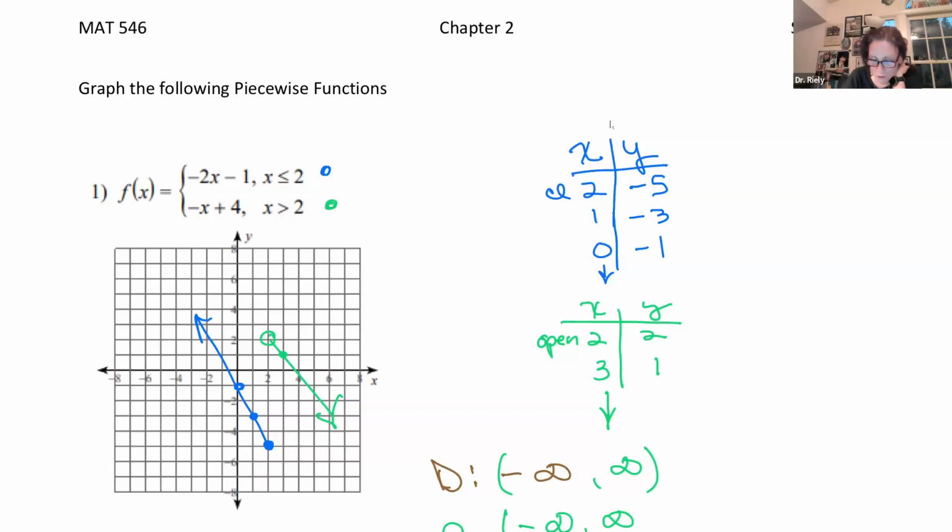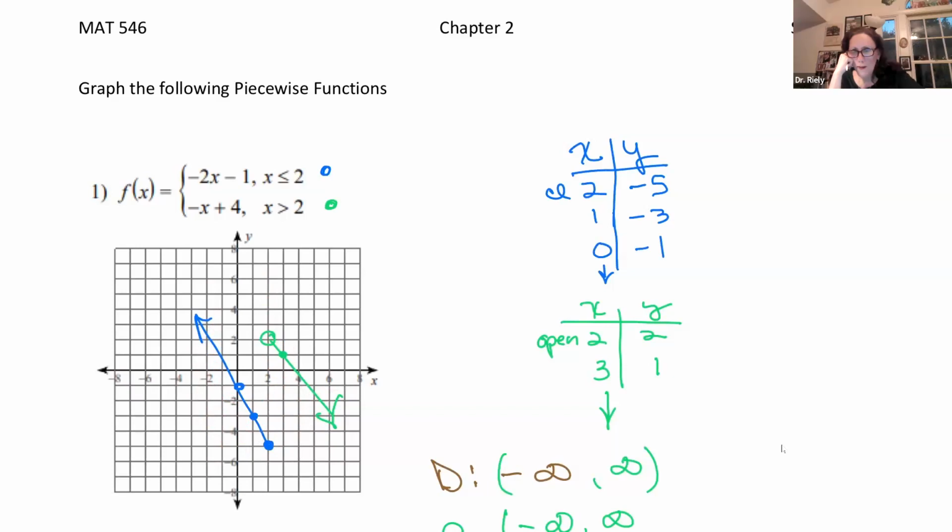If I draw this vertical line, it's only hitting the blue. Over here it's empty, so it's not really hitting anything. Beyond this I only have green, and on this side I only have blue. So it doesn't violate any rules of functions. Okay, so that's how that works.